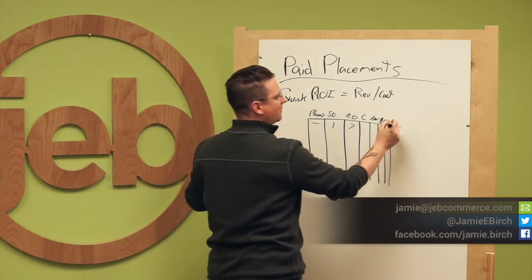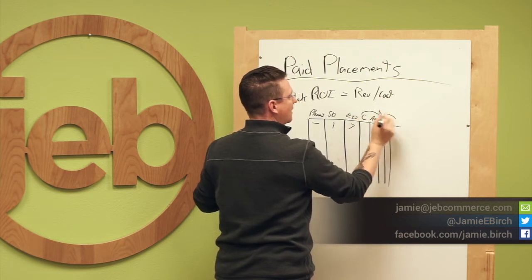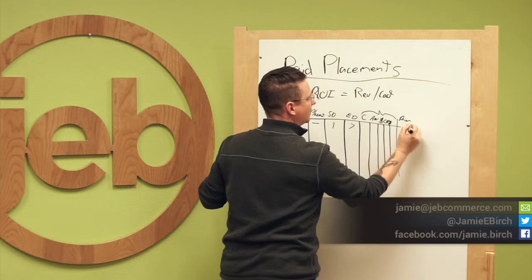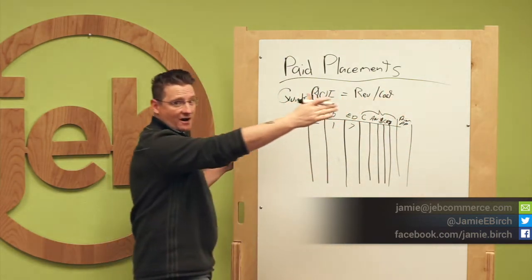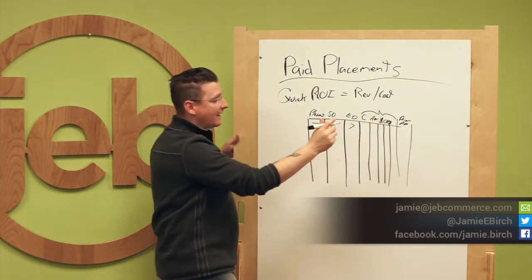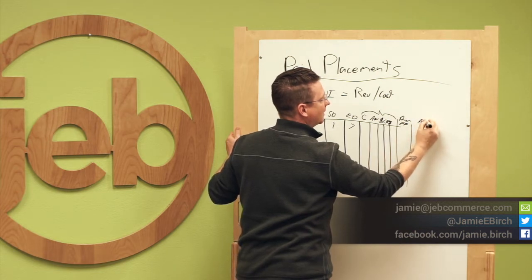So what you want to do is get all of these metrics for the same amount of time prior to the paid placement. Okay, so you're going to have a bunch of columns. But you want to capture all of these same metrics prior, and then you want to grab them for that same time period after the paid placement.